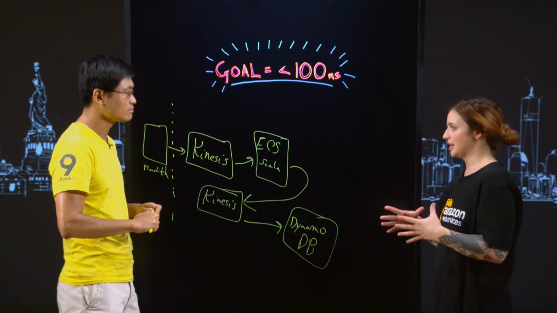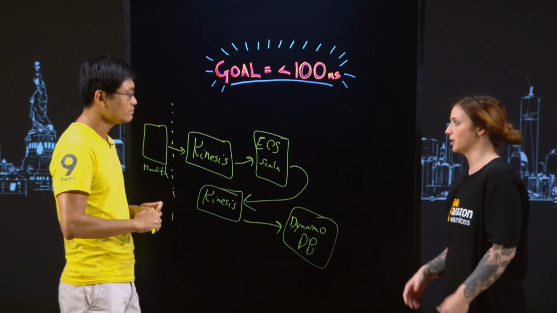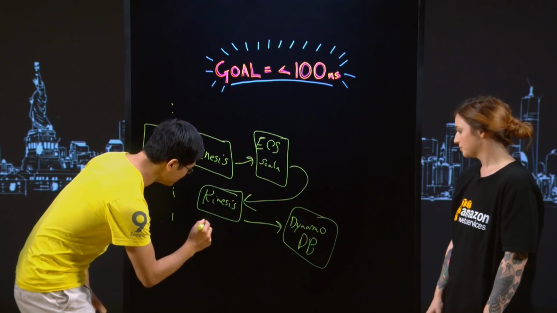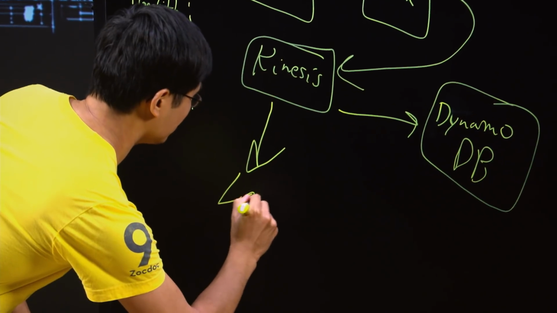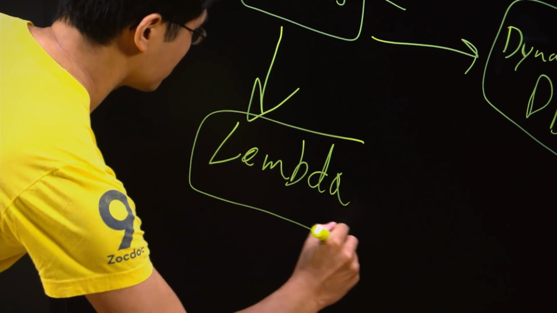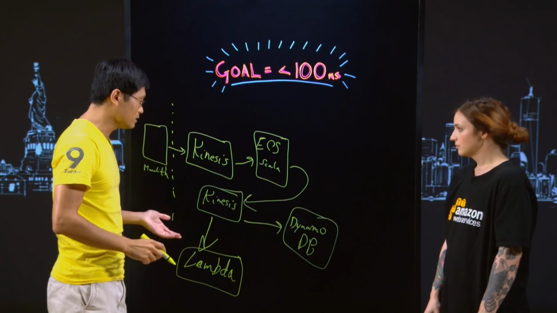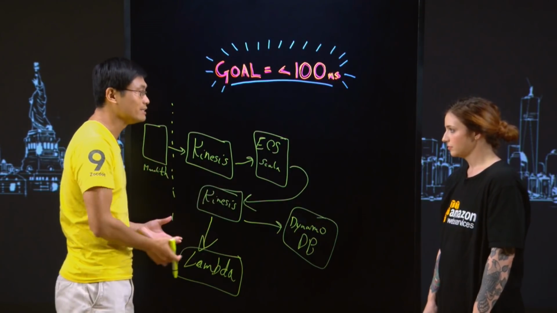What do I do with my data from Dynamo? Does it go straight to the projections, or do I have something else that happens in between? Yeah, so as I mentioned, Kinesis actually feeds two pieces. DynamoDB is one of them, but it also feeds into some Lambda functions. And these Lambda functions basically allow us developers to dynamically create business logic that creates these projections.